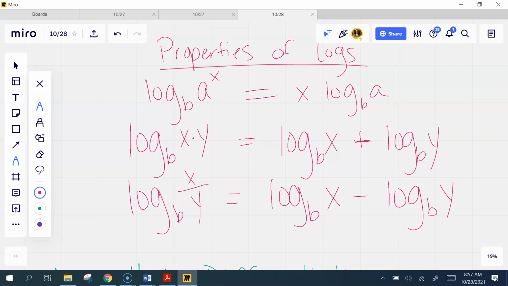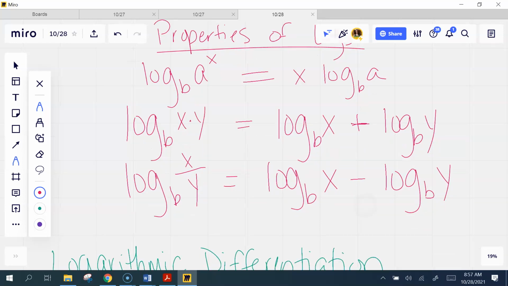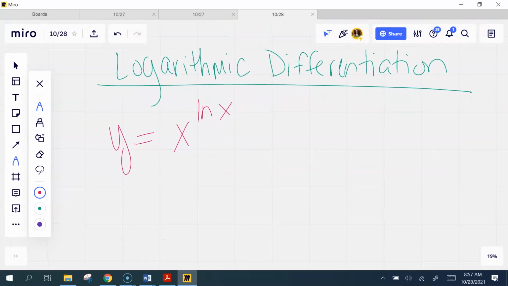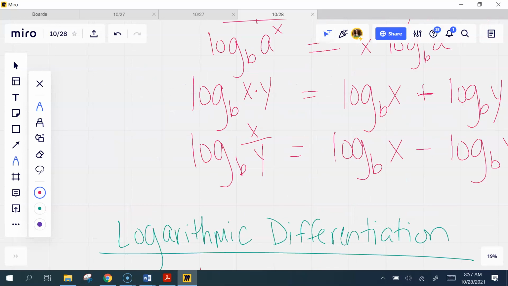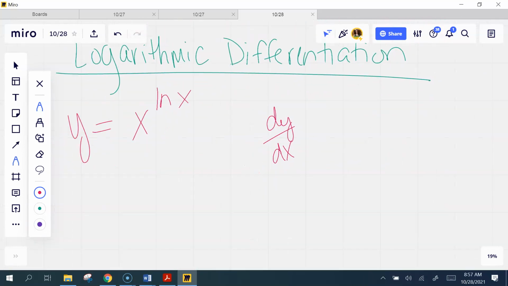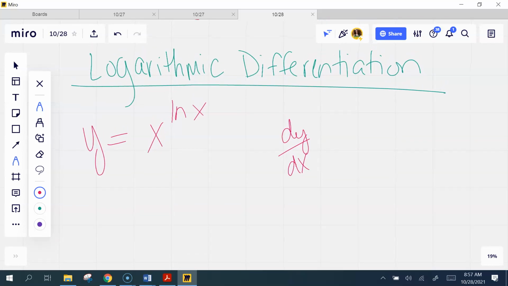So in other words, if I look at this one and I want to find dy/dx, this is going to be kind of hard, right?